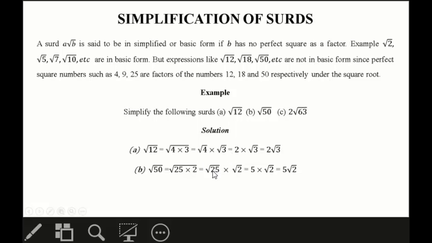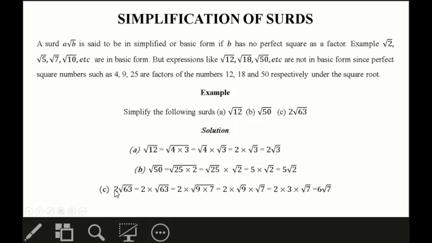When we split it, it will give us root 25 times root 2, and root 25, since it is a perfect square, gives us 5 times root 2, and the final answer will be what? 5 root 2.